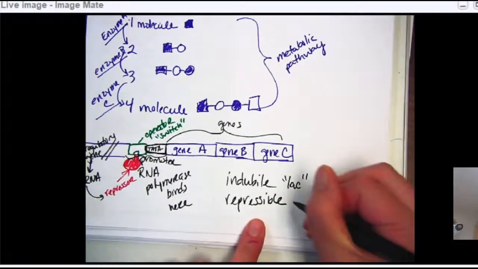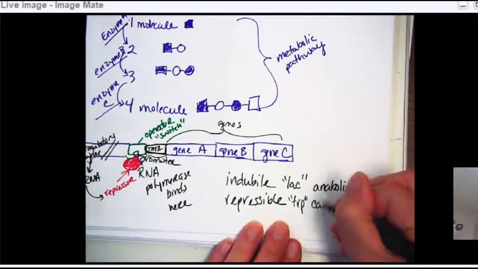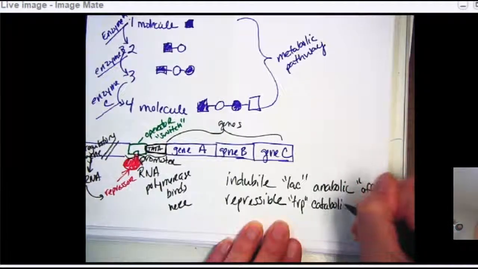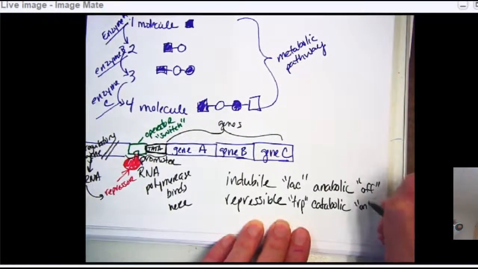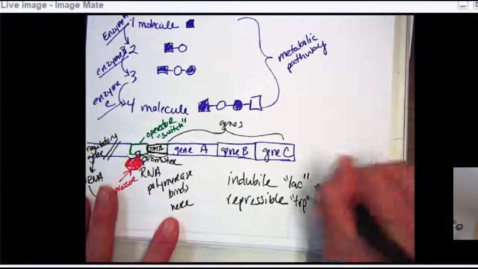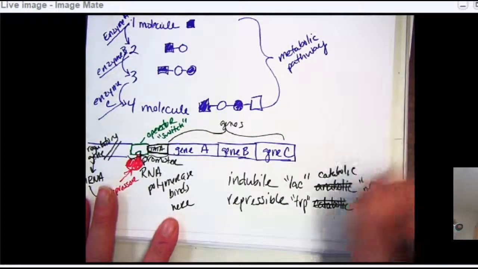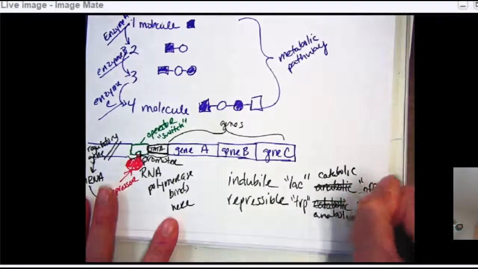But repressible operons, like the trp operon, those are normally catabolic pathways, and those are normally, or you know what, I'm so sorry, I wrote this wrong. This is catabolic, and this is anabolic. Sorry about that.